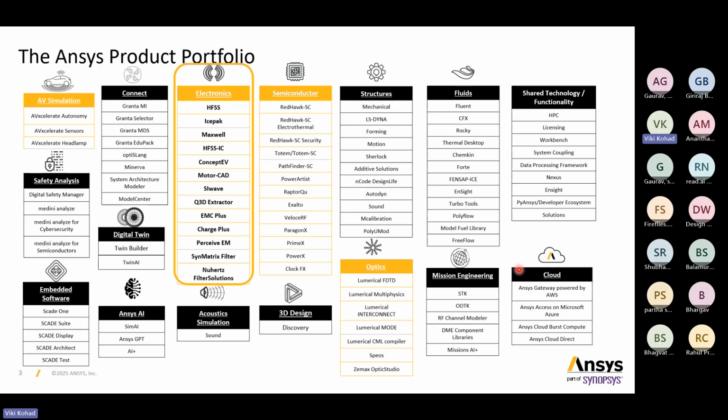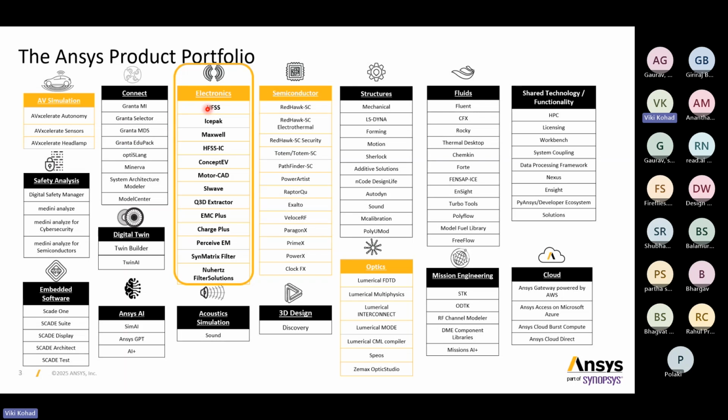Today's topic is NVH. Here you can see the product portfolio. ANSYS provides a product portfolio for any industry, like autonomous vehicle simulations. You have the Granta tool for material study. In the electronics section there are two physics, high frequency and low frequency.